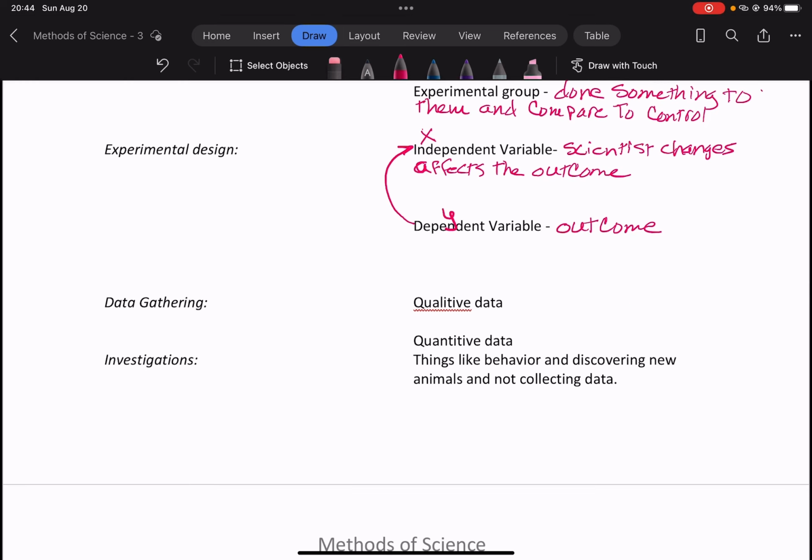So when we collect data, we end up collecting two types of data. Sometimes we want to look at qualitative data, meaning it is a quality, like color.